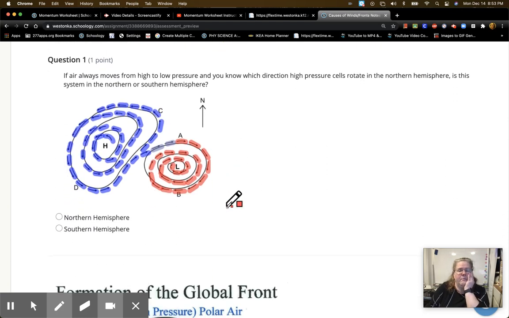So if we were doing this in class, and I'll ask this here in Edpuzzle, if air always moves from high pressure and you know in which direction high pressure cells rotate in the northern hemisphere, is this the southern or the northern hemisphere?